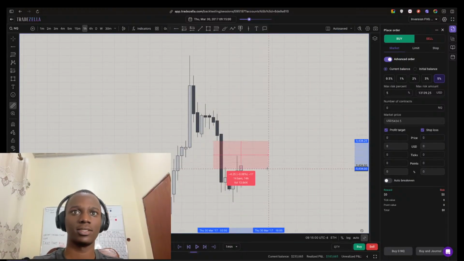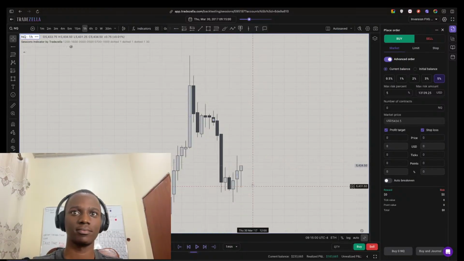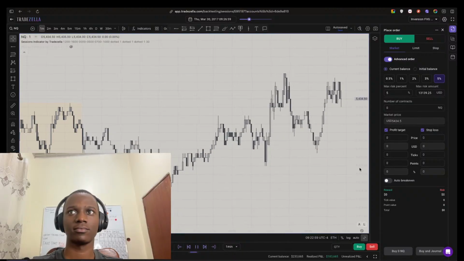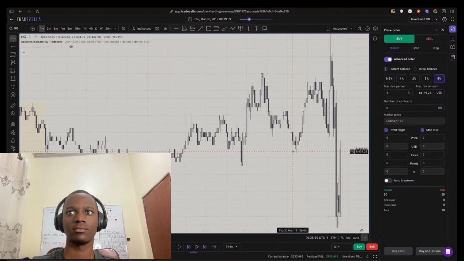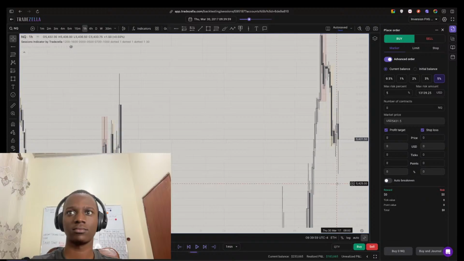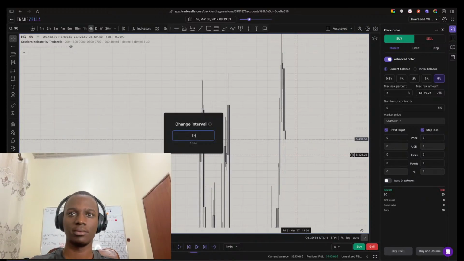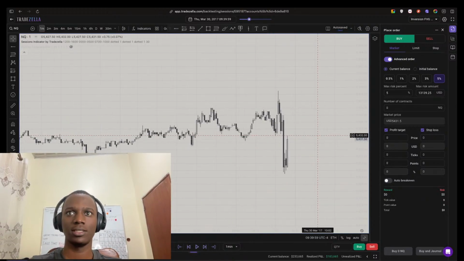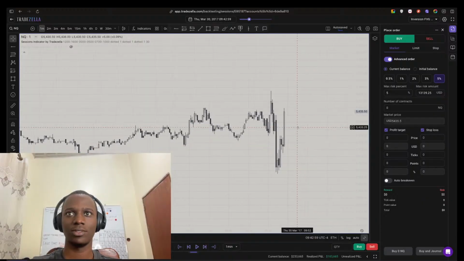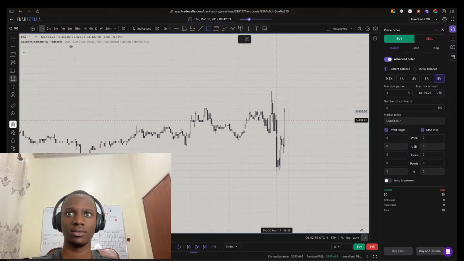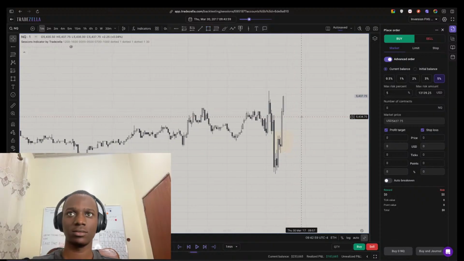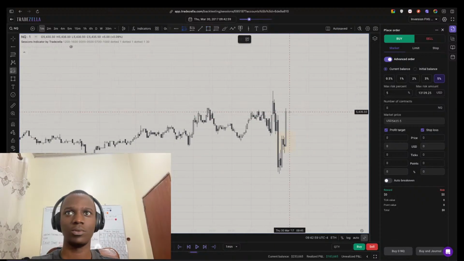I'd like to see price simply displace higher. Four-hour retracement, 1 hour retracement. Should probably get a good inversion here. I'm pretty sure it won't retrace.